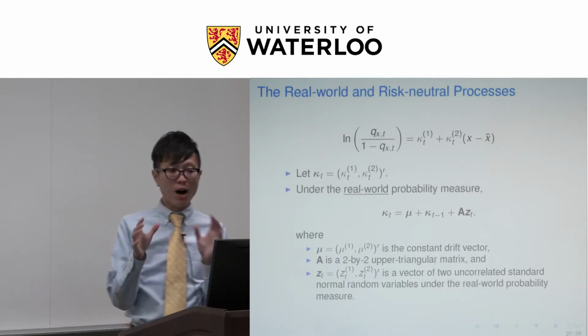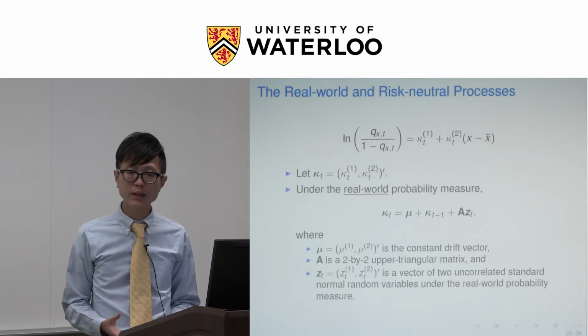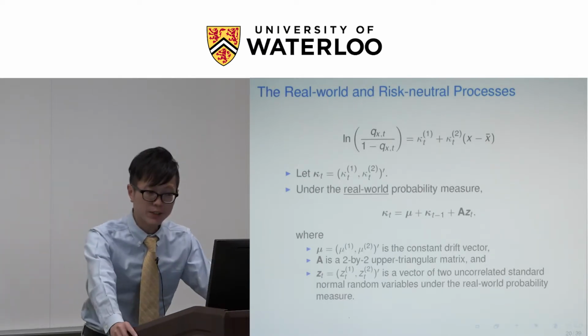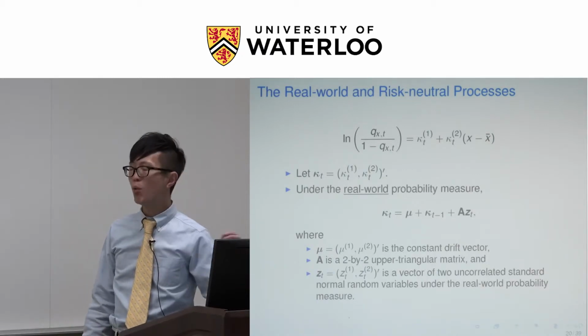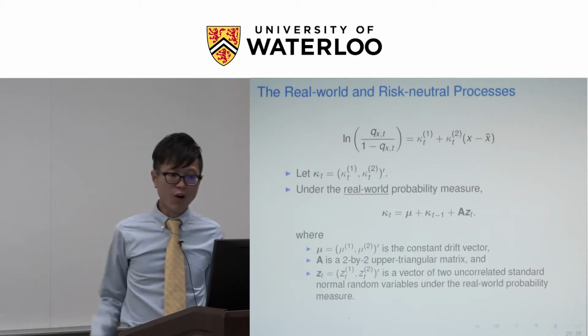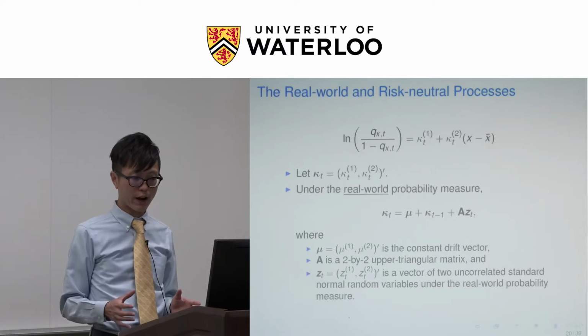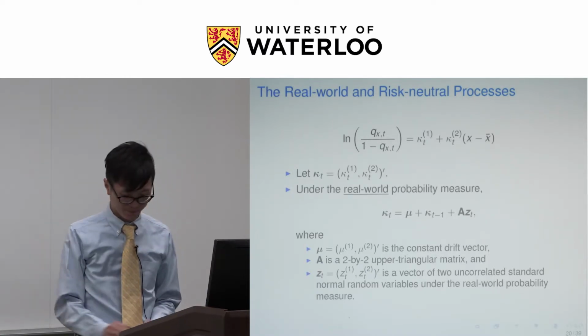Under the real-world probability measure, it is assumed that the vector of the two CBD indices, kappa 1t and kappa 2t, follows a random walk with drift, like this.